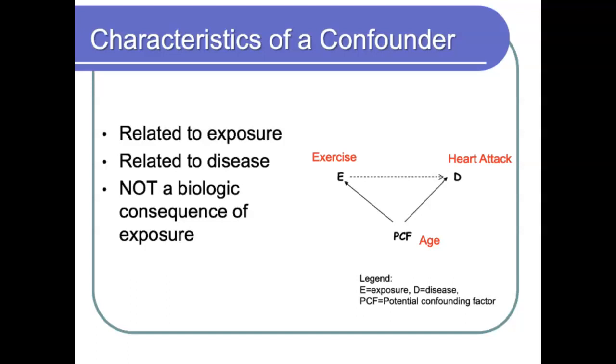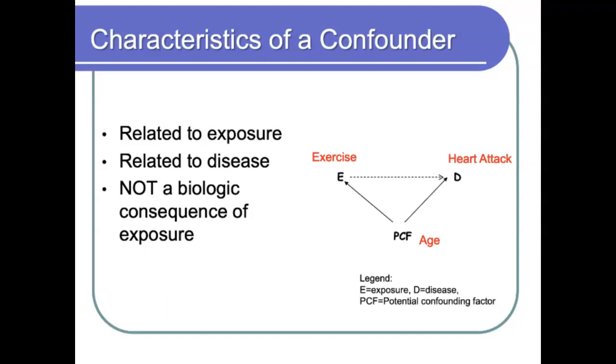Given that smoking doesn't fall on the causal pathway between alcohol consumption and lung cancer, smoking could also be considered a potential confounder in the relationship between alcohol consumption and lung cancer.